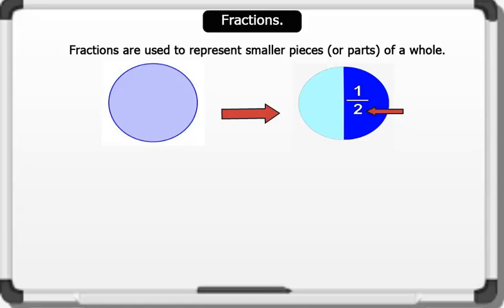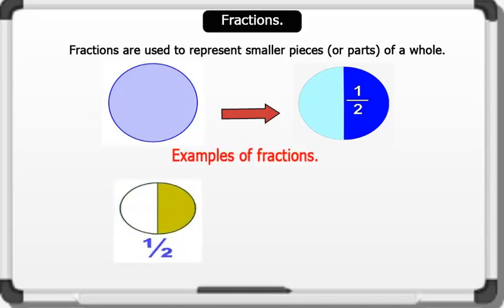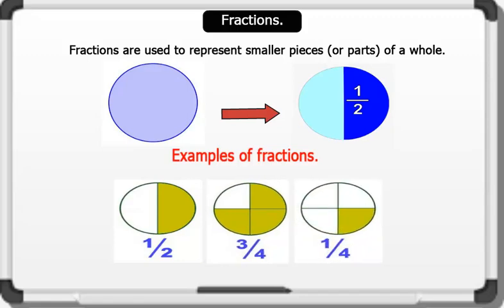It represents the number of the equal parts into which the whole is divided. The number above the line is called the numerator. It represents the number of equal parts taken from the whole. Examples of fractions are 1/2, 3/4, 1/4, etc.